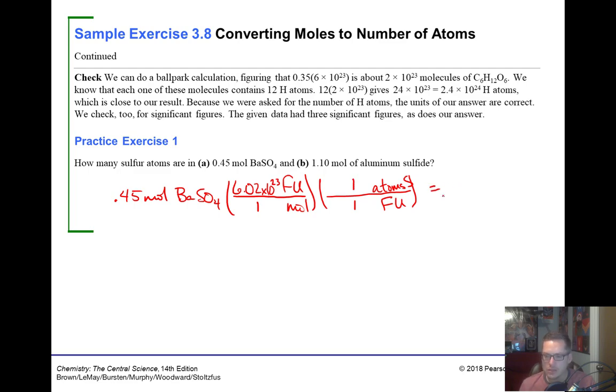I know that it's 1 sulfur because there's no subscript here, so it has to be 1. So I take 0.45 times 6.02 times 10 to the 23rd times 1, and I get 2.709 times 10 to the 23rd. There are 2 sig figs here, so my answer needs 2, so it becomes 2.7 times 10 to the 23rd atoms of sulfur. So that's that guy.